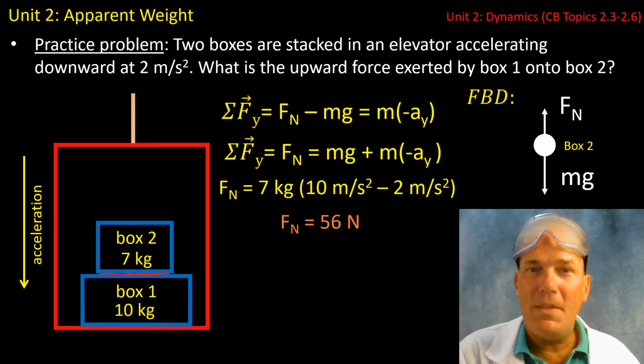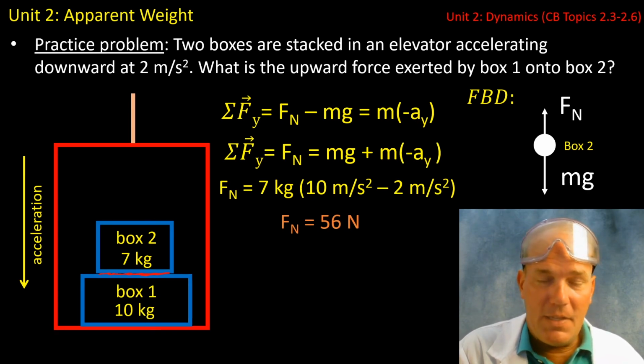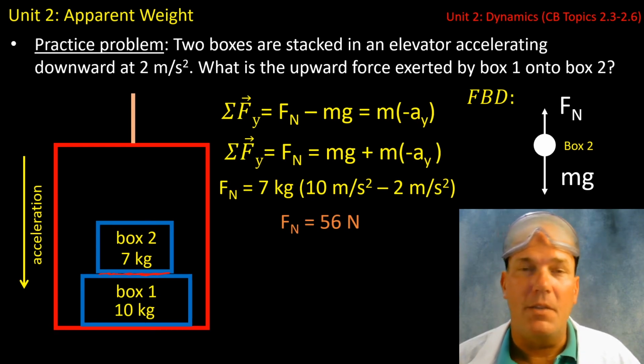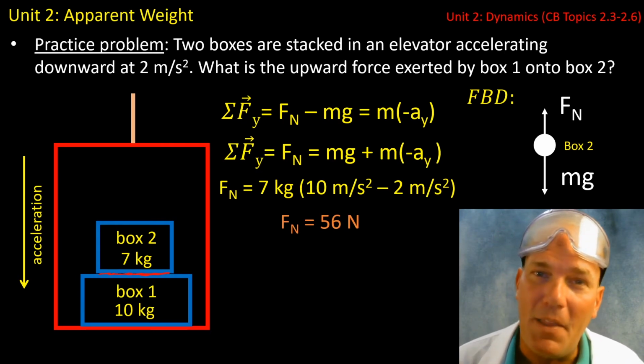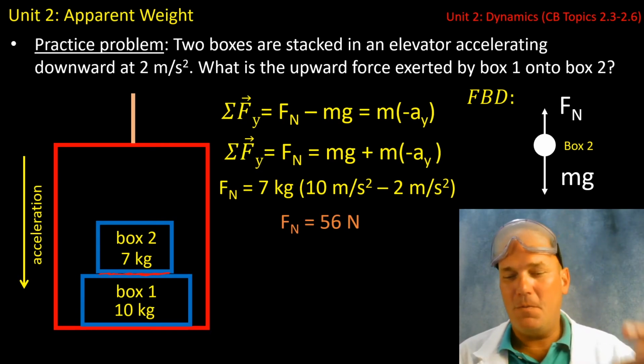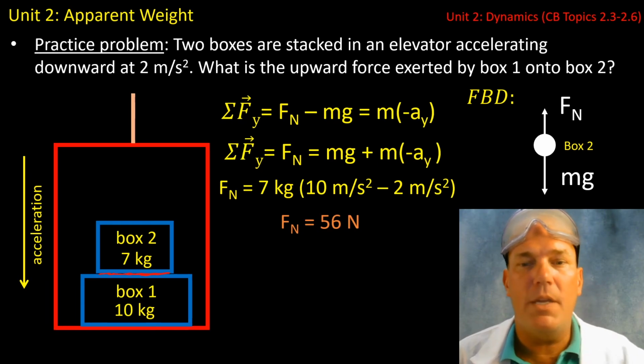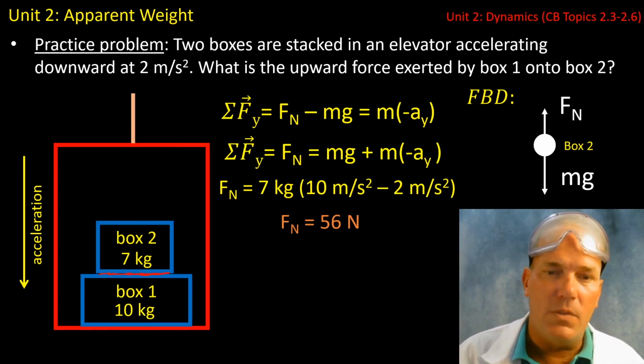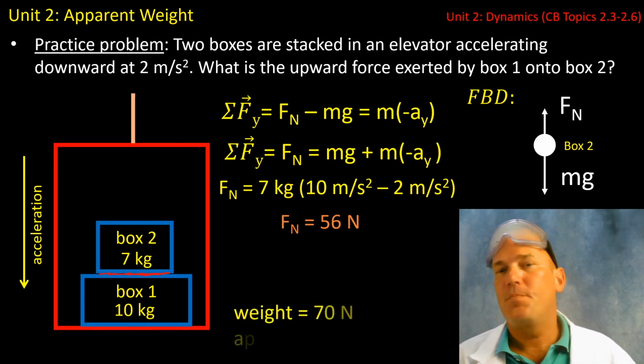So normally this object's weight, apparent weight, would be 70 newtons. In this instance here, it is less than 70. Why? Because it is accelerating. So force normal, which is the apparent weight, is 56 newtons for this example here.